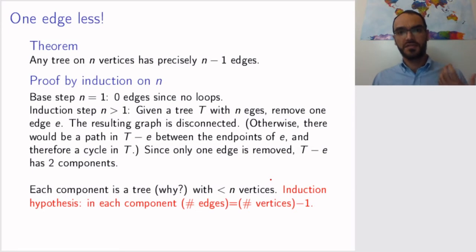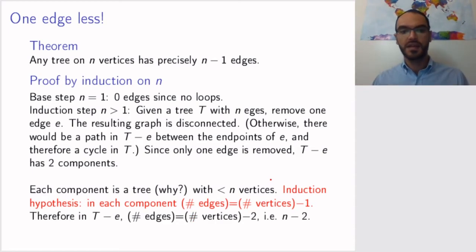So now we have trees with less than n vertices, and therefore we can use the induction hypothesis. It says that in each such component, the number of edges equals the number of vertices minus 1. But now, since we have two components, in each of them there will be one edge less than the number of vertices. Then, in total we have two edges less than the number of vertices.